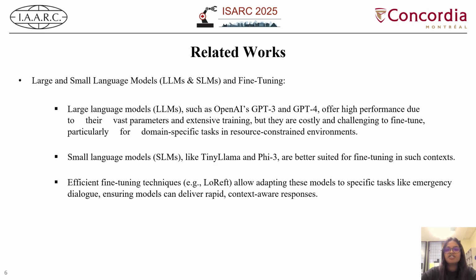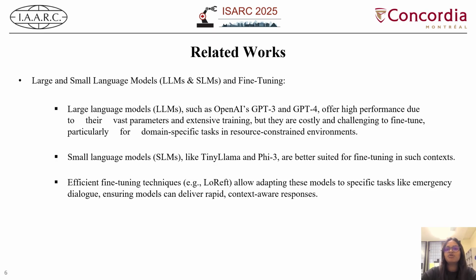Turning to large language models and small language models. Large language models like OpenAI GPT-3 and GPT-4 offer exceptional performance because of their massive scale and diverse training. However, they are costly, require significant computational resources, and are challenging to fine-tune for domain-specific tasks, especially on resource-limited hardware.